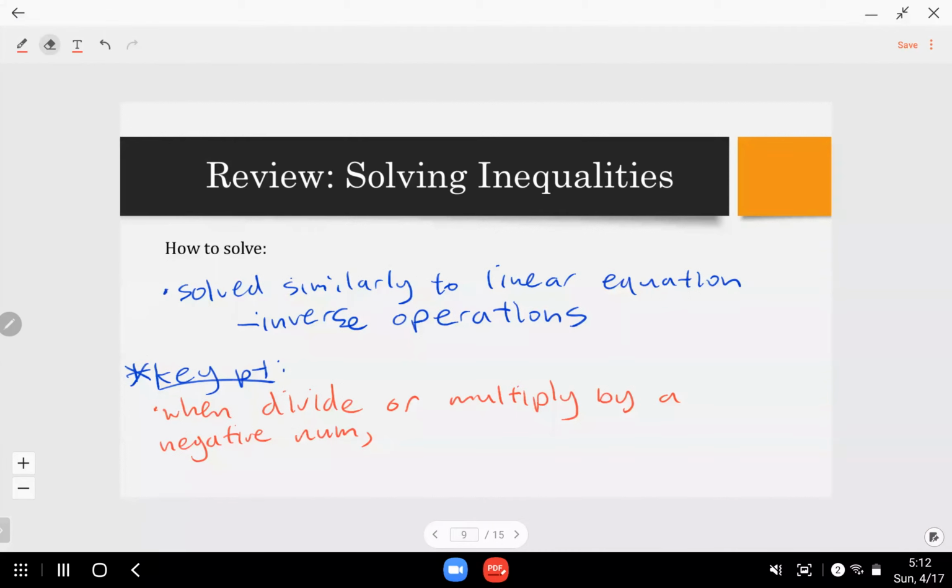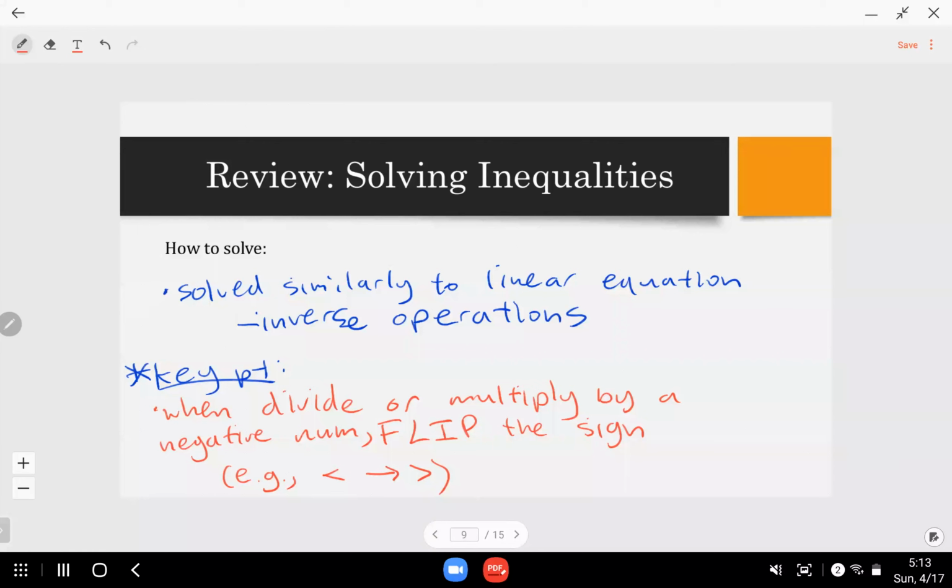So what do I mean by flip the sign? Flip the sign means that you turn less than to greater than, or turn less than or equal to greater than or equal to. For example, less than turns into its opposite, which is greater than. When you're dividing or multiplying by a negative number, you flip the sign.